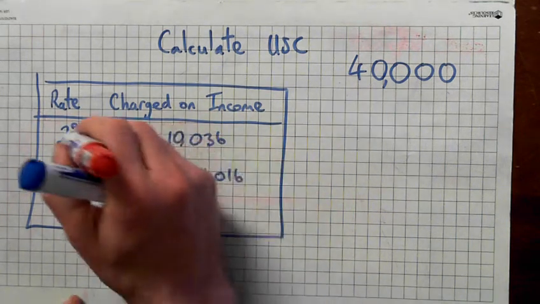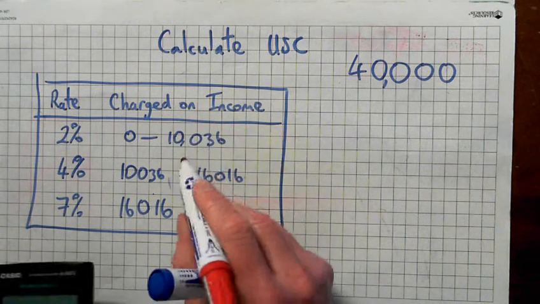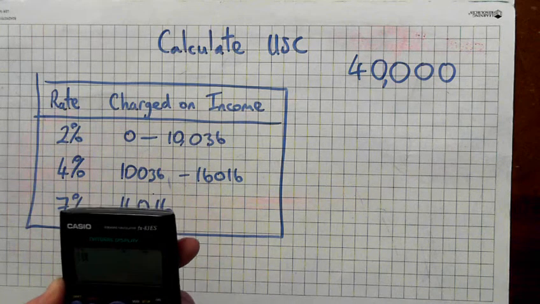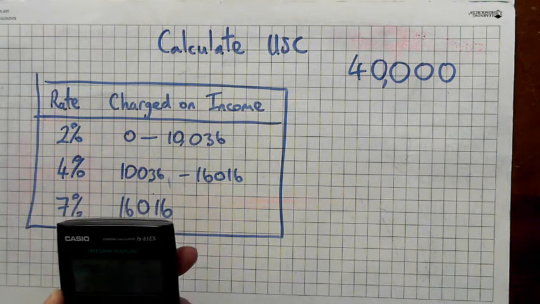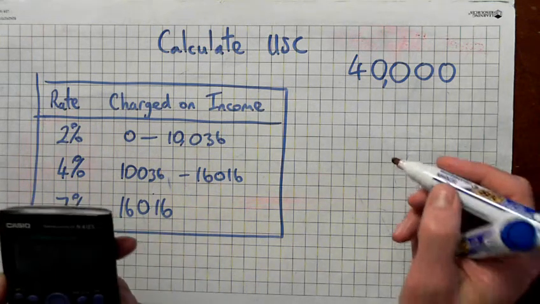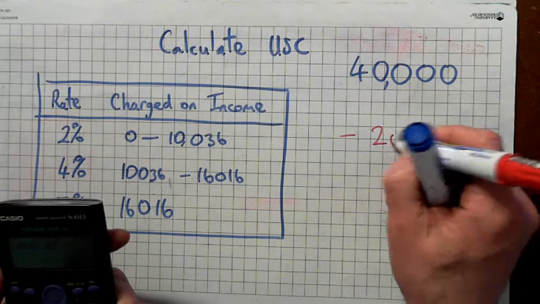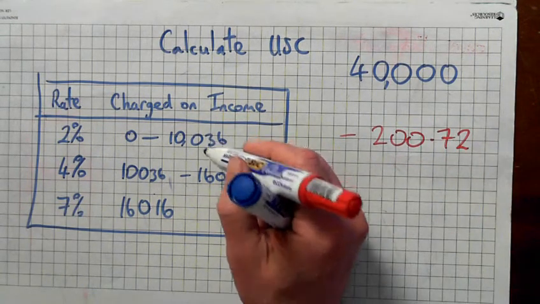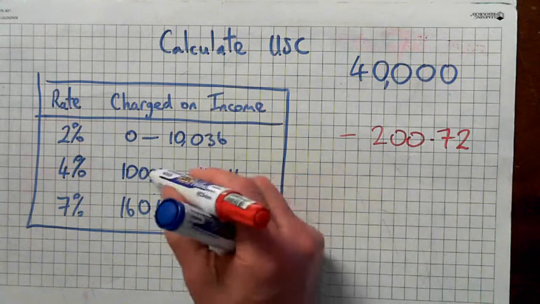Alright, so what's 2% of 10,036? So 10,036 times 2%. Alright, so you're going to minus 200.72. Alright, we earn 40,000, so we'll keep going.